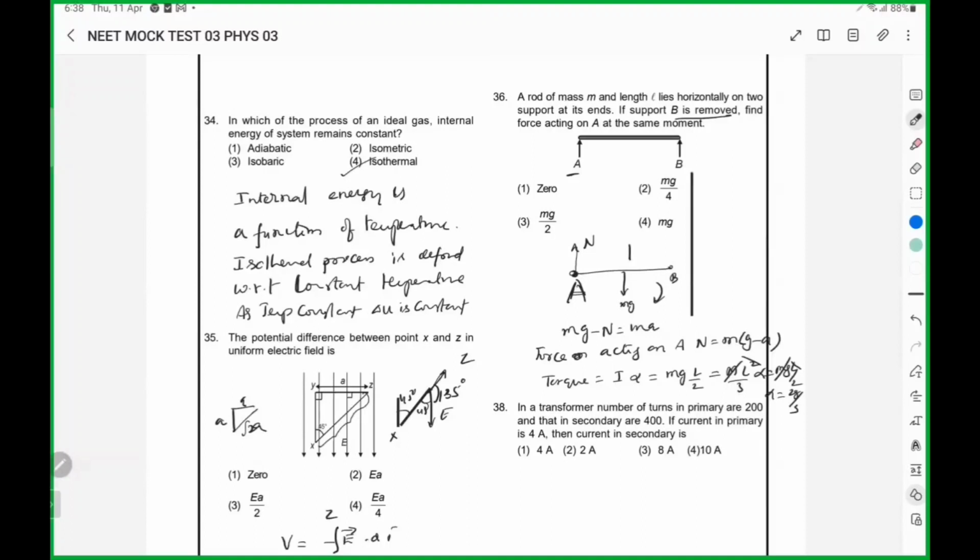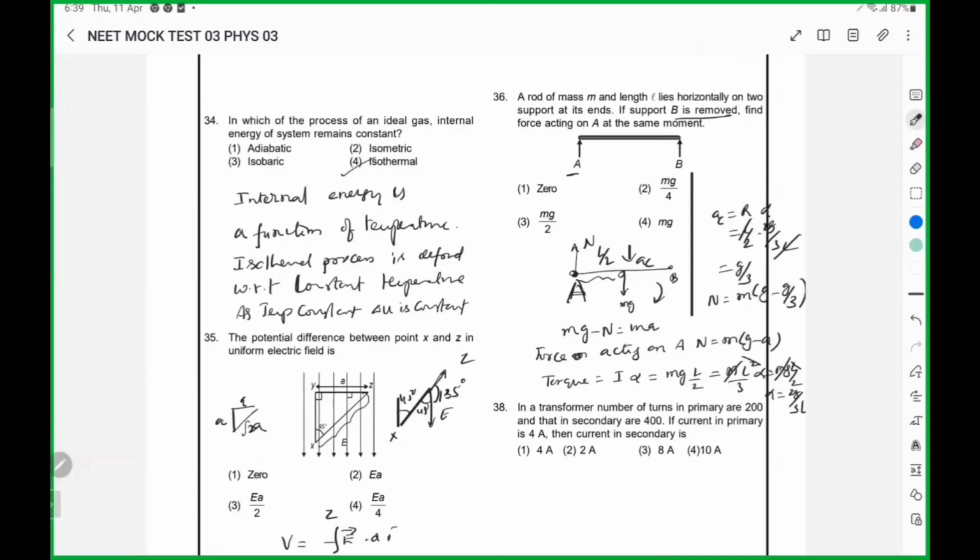So here the acceleration through the center of mass is a_C equal to R alpha. This distance is L by 2. Alpha is 3g by 2L, so a is 3g by 4. So now N will be m times g minus a.